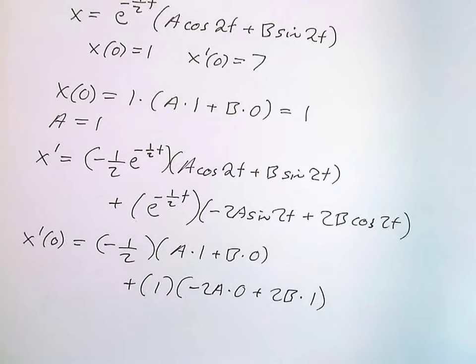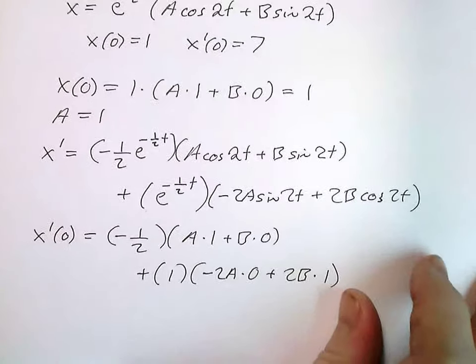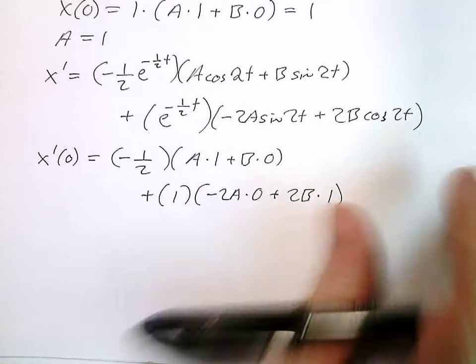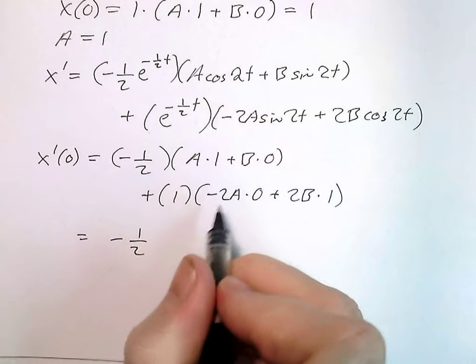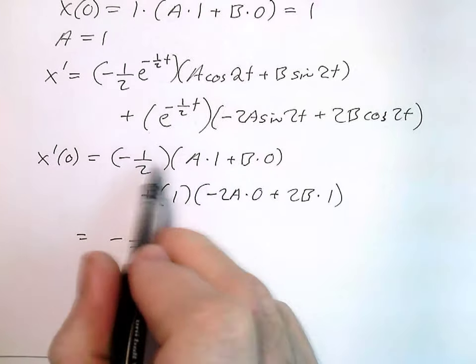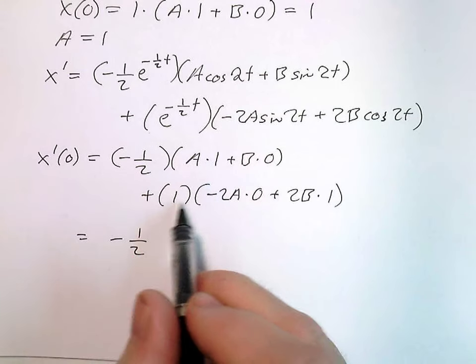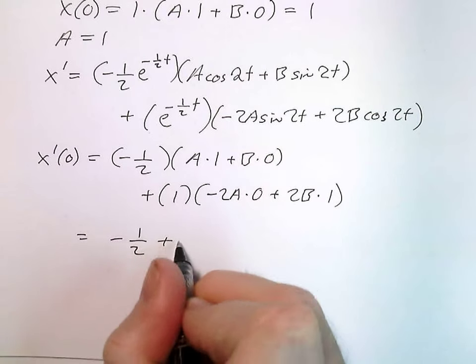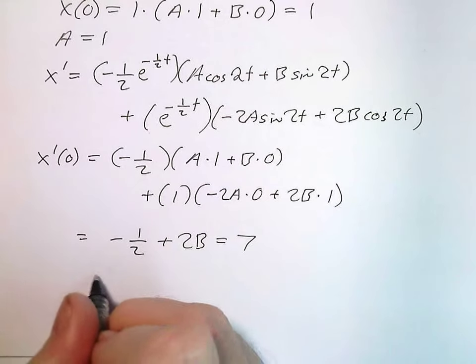So what am I getting here? I'm getting -1/2 times a, where a was 1, plus 2b equals 7.